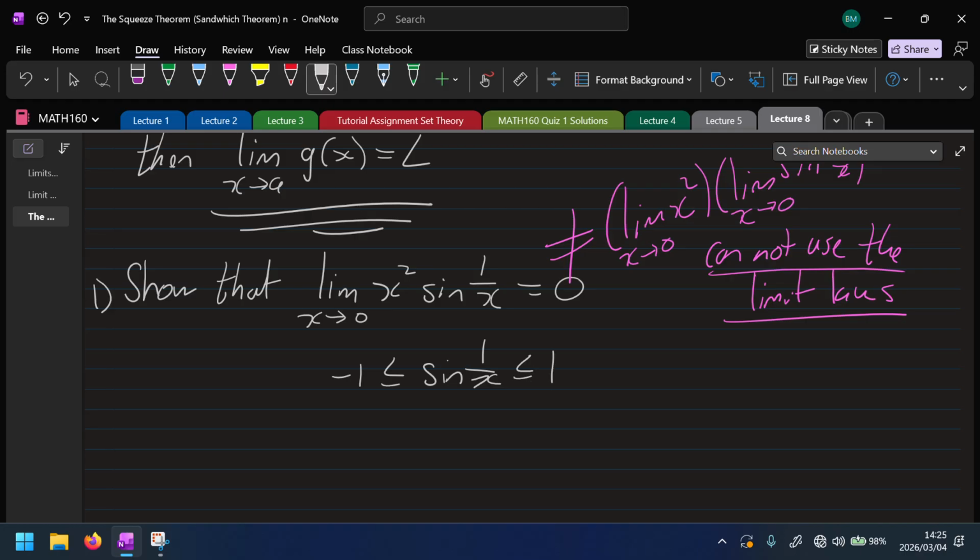Now we want to do the squeezing. So we don't want sine of 1 over x. We want x squared sine. Yeah? Why? You can't use the pink one. What happens when x goes to 0 with 1 over x? Look at your hyperbola. When x goes to 0, 1 over x goes to?